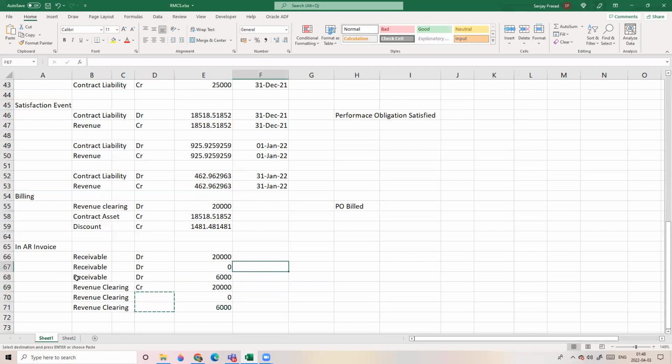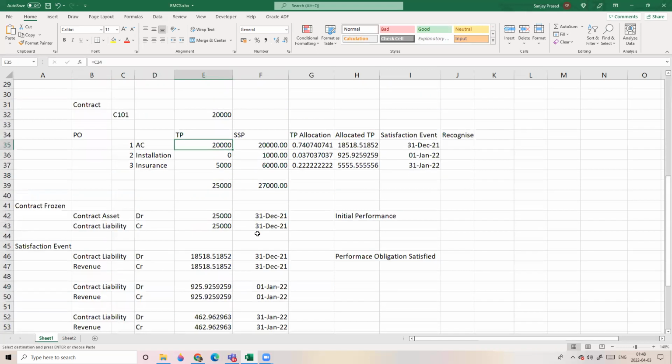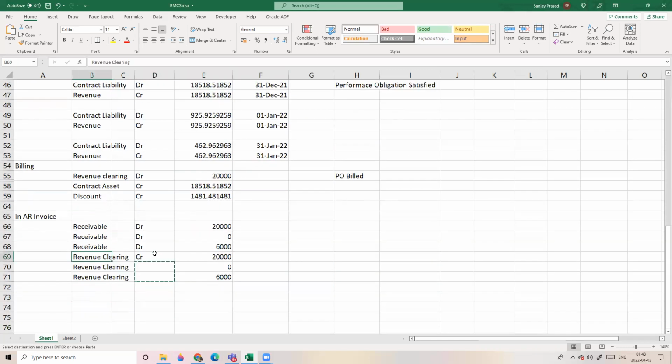In AR, the accounting will be receivable debit 20,000 for the AC and revenue clearing credit 20,000 for the air conditioner.